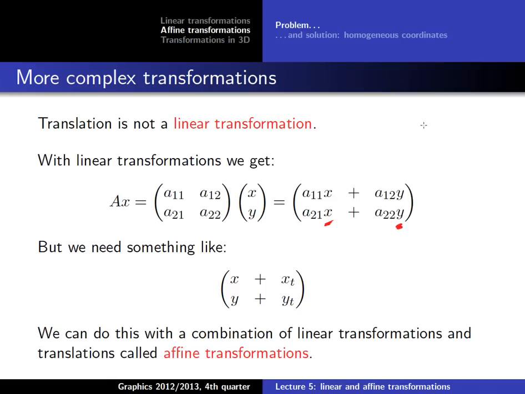For a translation, we always need to add a constant value to x and y. So if this is our vector and we want to translate it here, we need to add a constant value to it, and that is something you cannot achieve with this kind of multiplication. It's not possible.